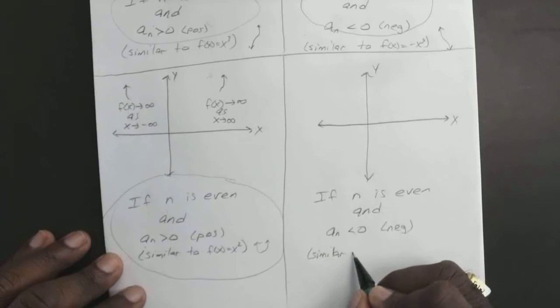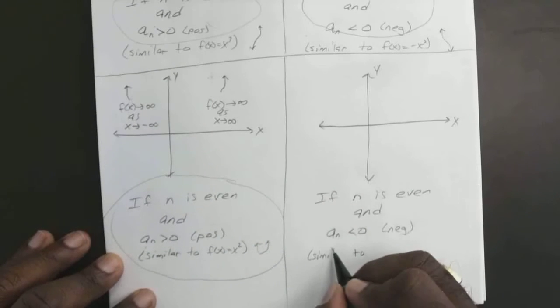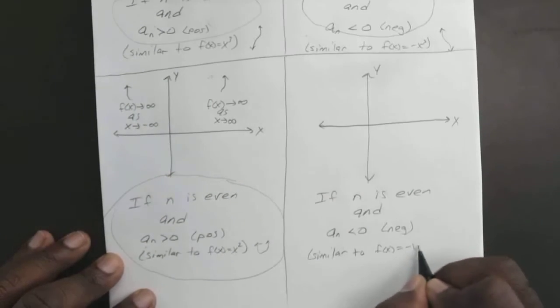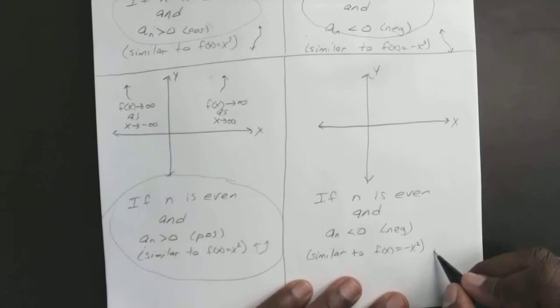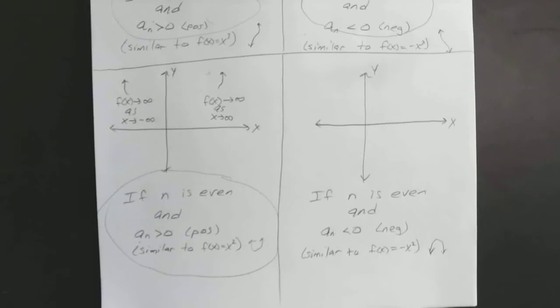Which sounds like negative x squared. So it's similar to f of x equals negative x squared, which we know is just x squared flipped.